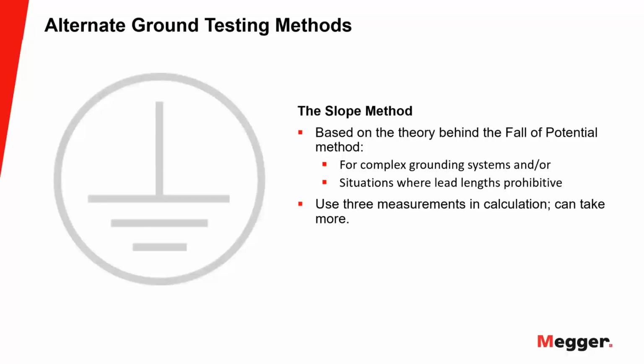So utilities have a big problem trying to get enough distance to get their current probe far enough away to do a fall-of-potential method. And so in lieu of that, the method that they most often use is the slope method.